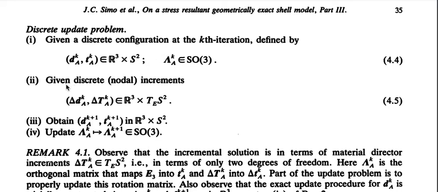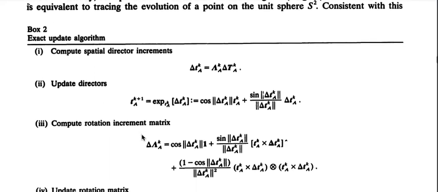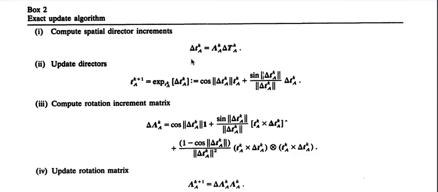Lambda is the matrix which relates to that through Euclidean space. When we solve for the change delta phi, it can be broken down into delta d and delta capital T. This is in Euclidean space, and then we update both the mid surface and the director vector, and we update the lambda transformation matrix. So this is the process of solving.